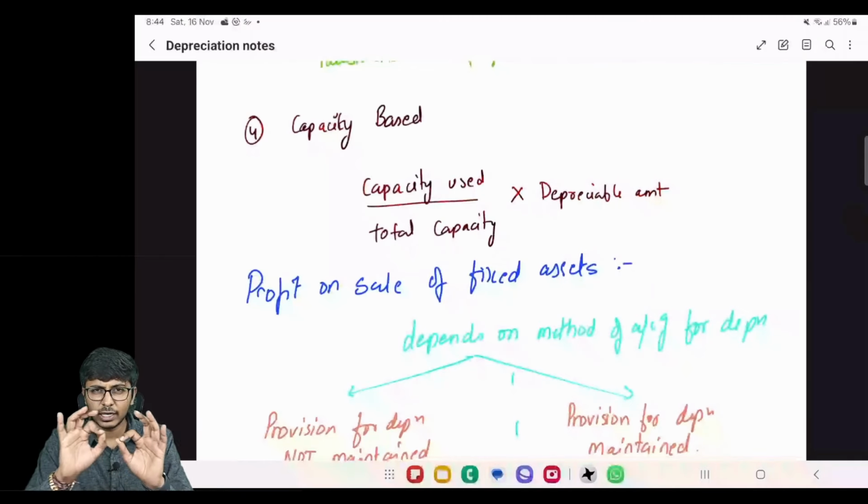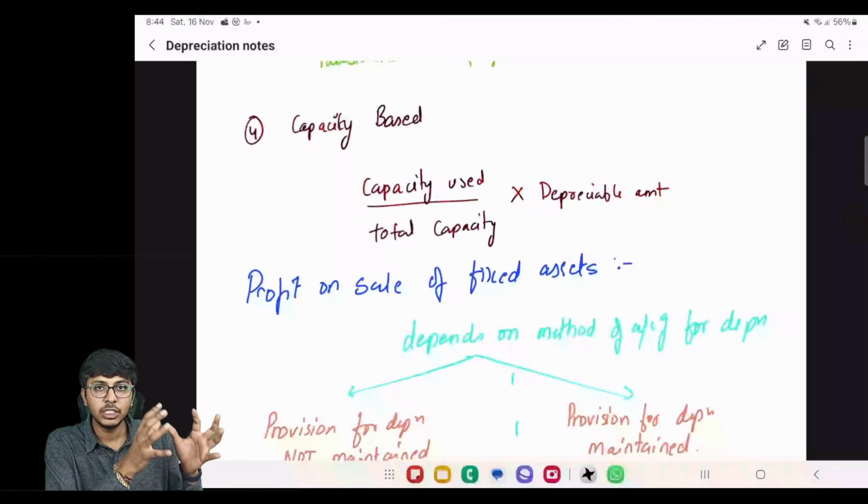So what is the depreciation amount? What is the total cost that you have incurred for the asset you have purchased, a machine or something? That will be your total cost.